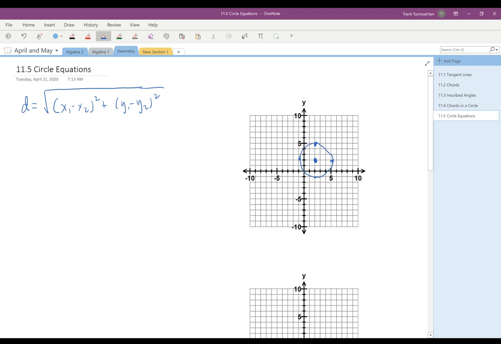And what that means is every point on the circle, whatever that point is, we're going to call that point (x, y), is going to be 3 units away. The distance is 3 from the point (2, 2).